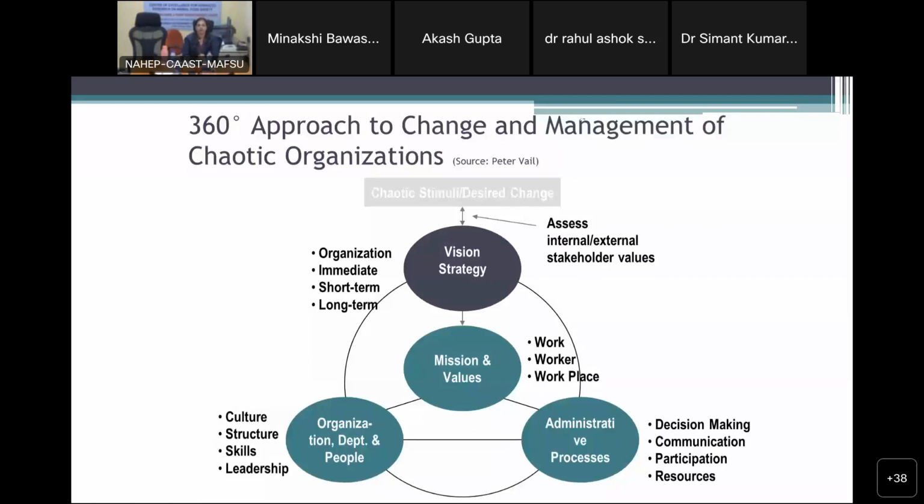And why I'm talking about this is because we are in an institute. This is also a kind of organization, and the way things are changing, the approach of operating any institute or any organization is changing. So you also need to start changing your approach. If you see the title, what is it? 360 approach to change and management of a chaotic organization, where nothing is in place.